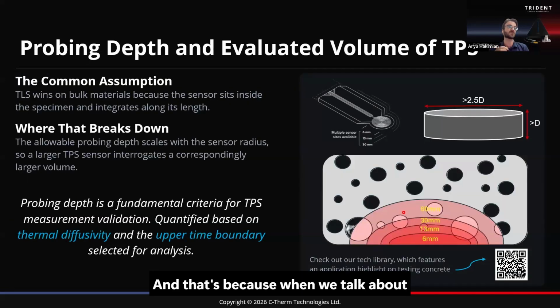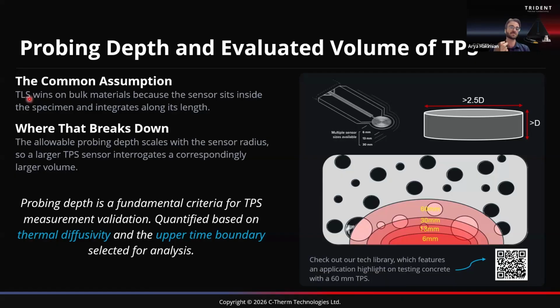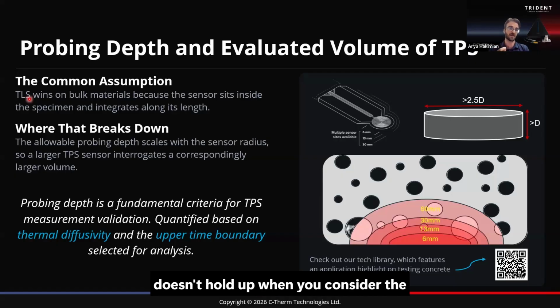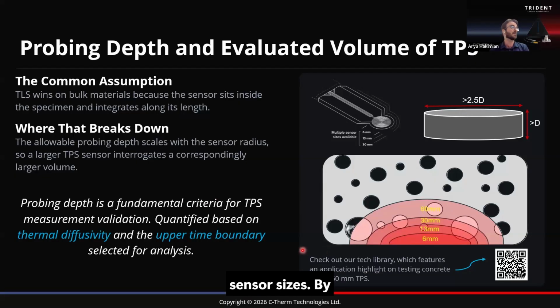That's because when we talk about your evaluated volume, we have to look at your probing depth. I'm using TPS here as the example to compare against that statement about TLS. The assumption that TLS is the winner because it evaluates more doesn't hold up when you consider that TPS comes in a variety of sensor sizes.